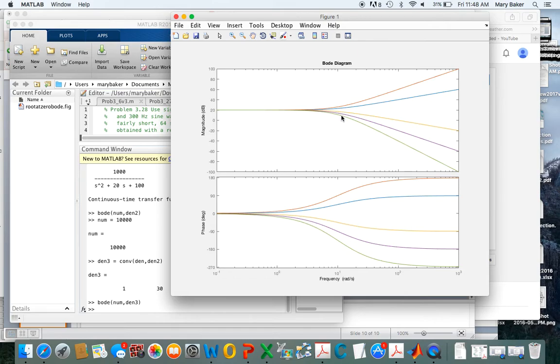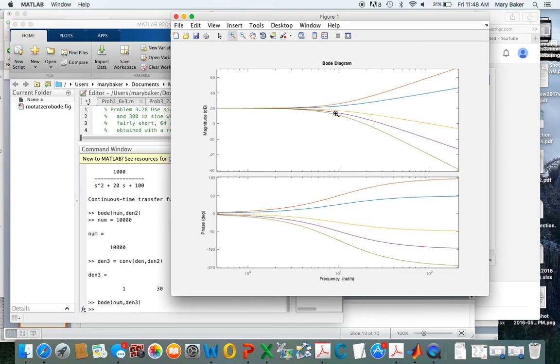So my question for you is the purple line and the green line, is that still the cutoff frequency for the second and third order low pass filter? And the answer is no, because the cutoff frequency by definition is the point where the order of magnitude of the transfer function is equal to 3 dB down.